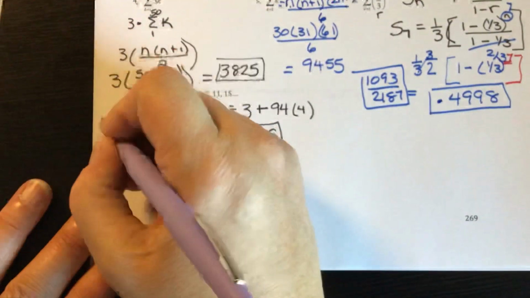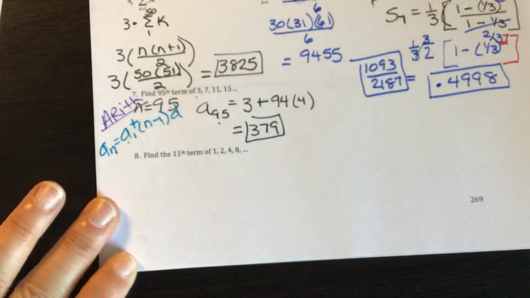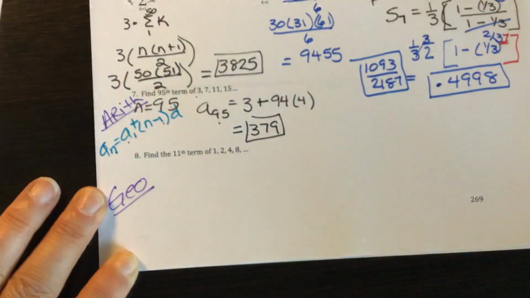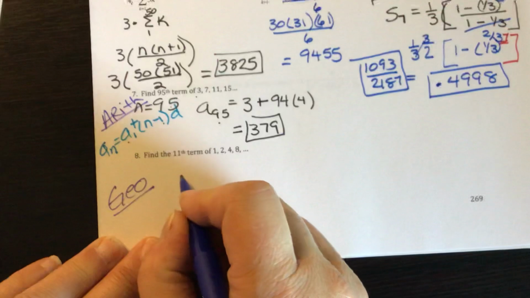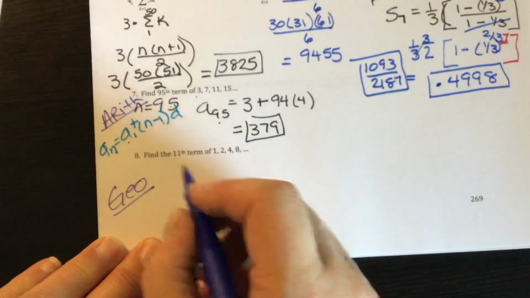So this was arithmetic, and this one down here is geometric. So the formula for the geometric sequence, I want to find the 11th term.